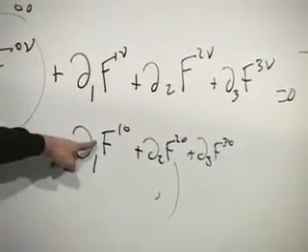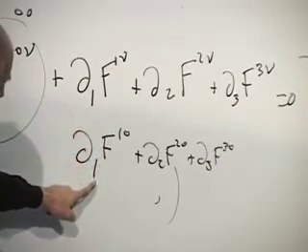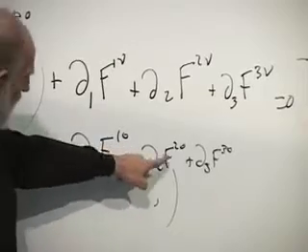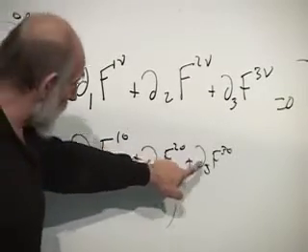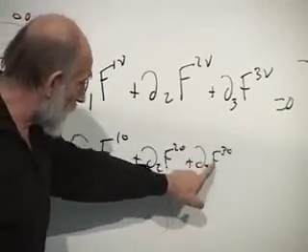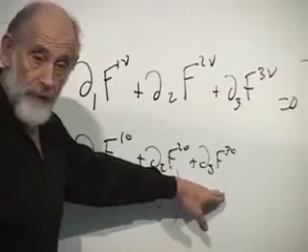It's the first component of the electric field. So it's the derivative of the first component of the electric field with respect to x1 plus the derivative of the second component of the electric field with respect to x2 plus the derivative of the third component of the electric field with respect to x3. This is the divergence of the electric field.